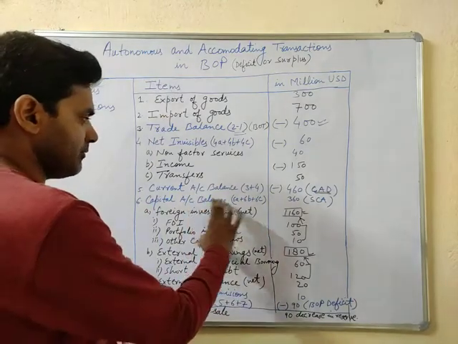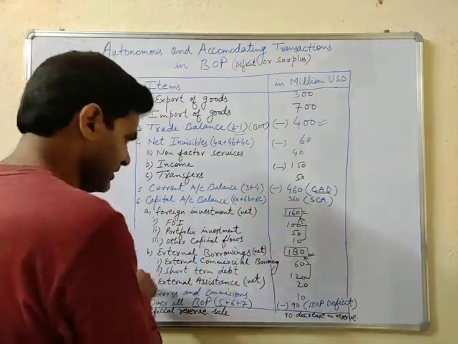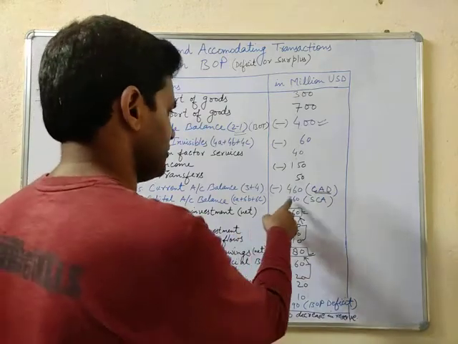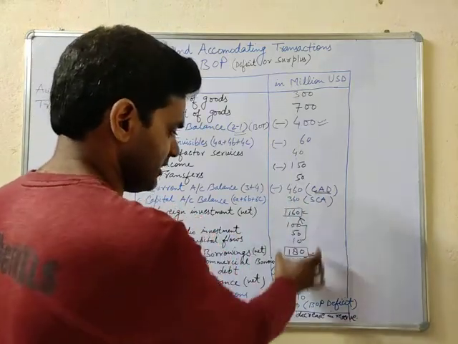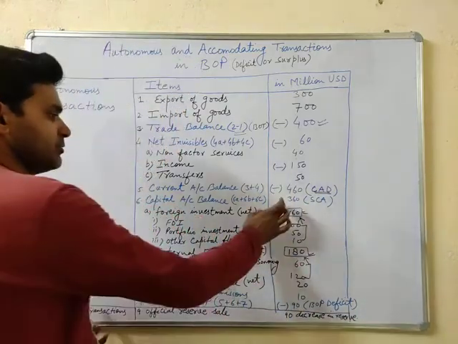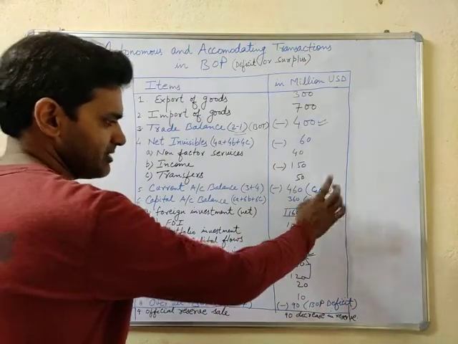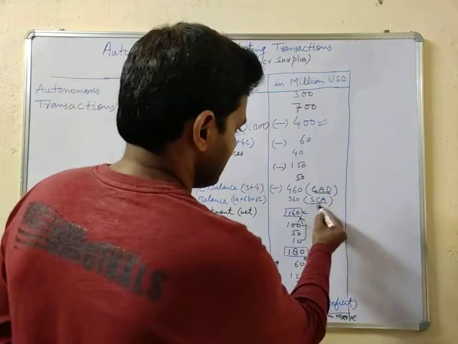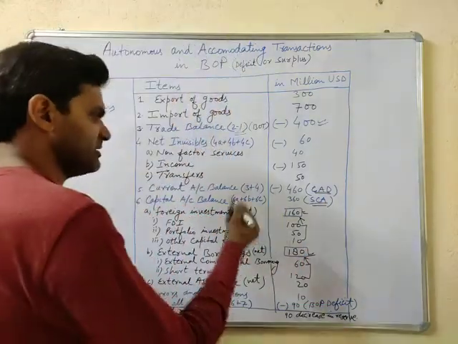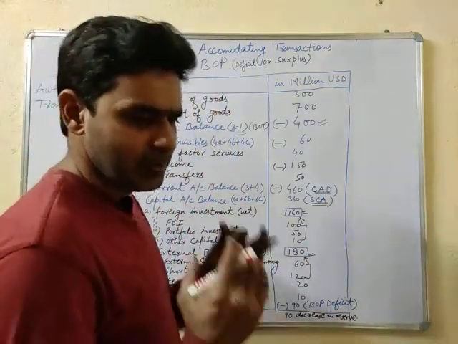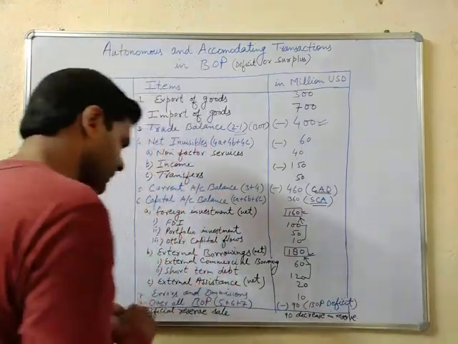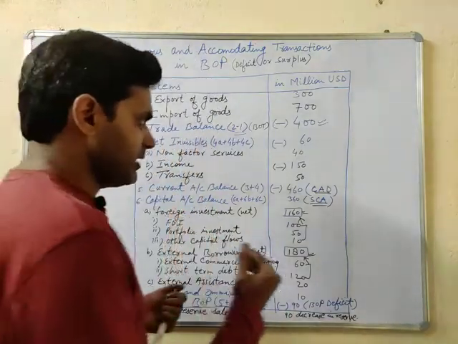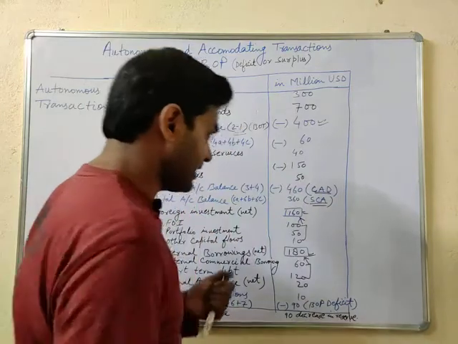So the total of capital account will be 6A, 6B and 6C, which all together will constitute 360. All figures are in positive form. It shows that capital account is in surplus. That is why I have written here SCA, surplus in capital account, or you may write CA as capital account surplus. First, we will be dealing with the deficit of current account.